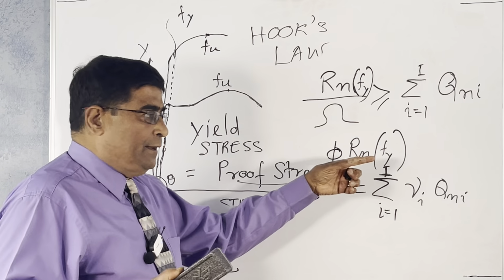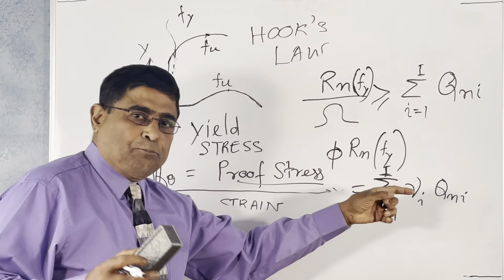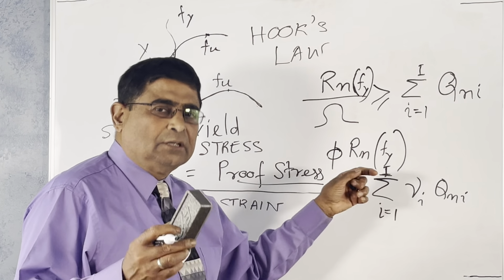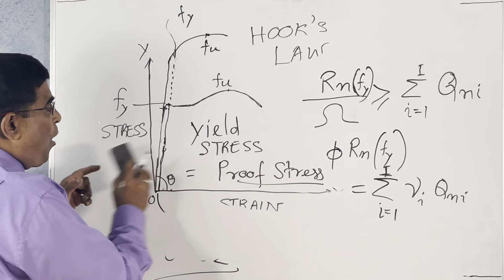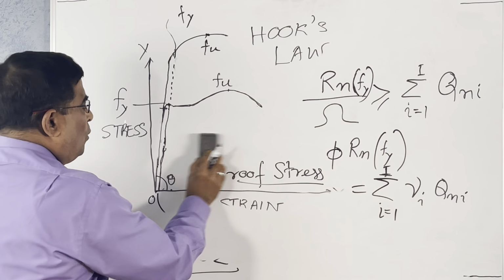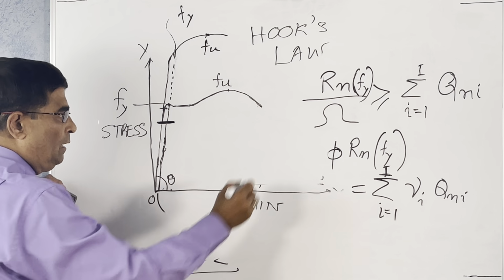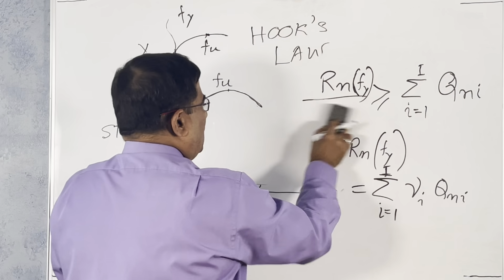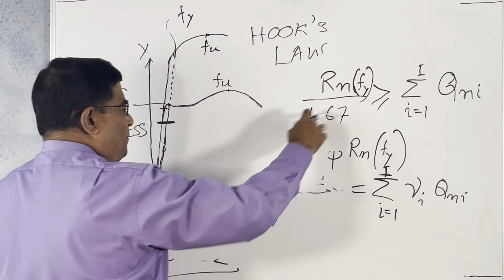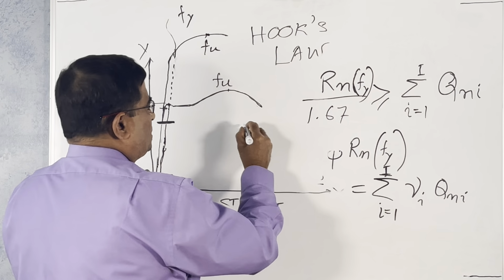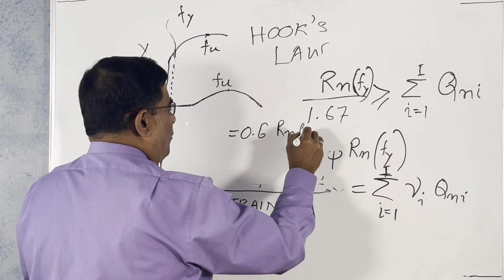That is the reason the stresses developed will be less, because the actual forces coming are not that much, a little bit less. So that means in our case, we are designing somewhere here. Normally it is 1.67. If we divide Rn by 1.67, here actually it is 0.6 Rn, Fy.